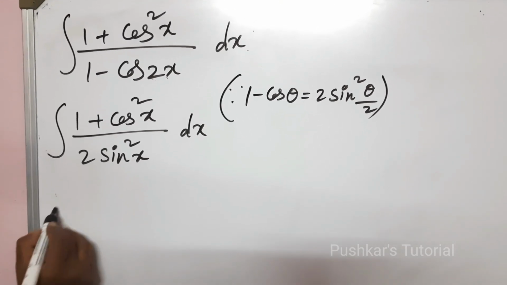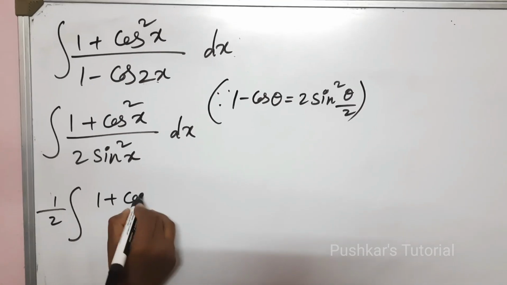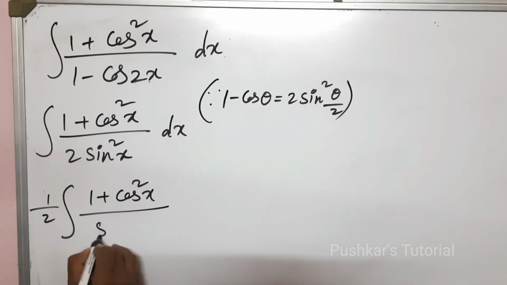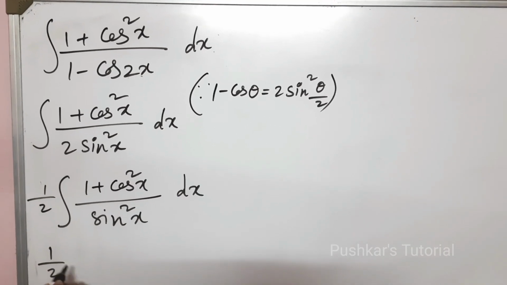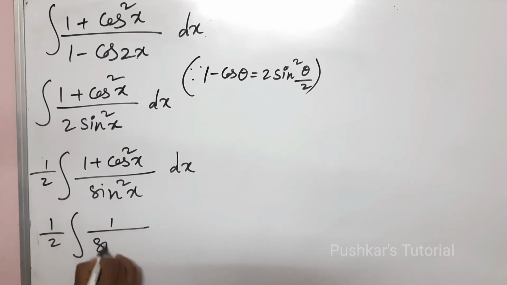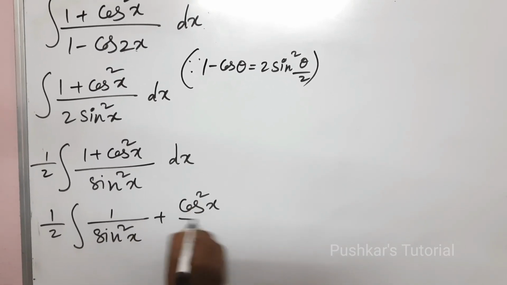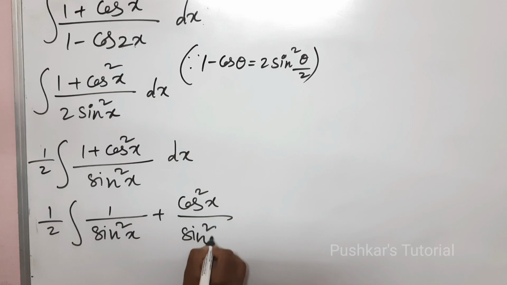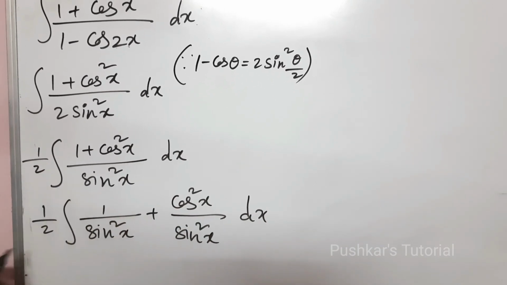So this 2 I am writing in front, and the numerator 1 plus cos square x by sin square x into dx. Then in the integration, separate the division: 1 by sin square x plus cos square x by sin square x. We can directly write the step without this also, but students get confused.